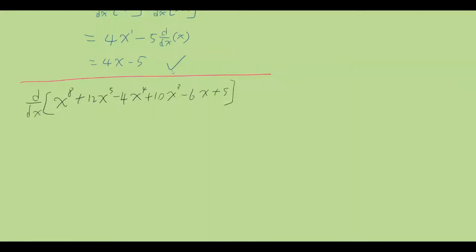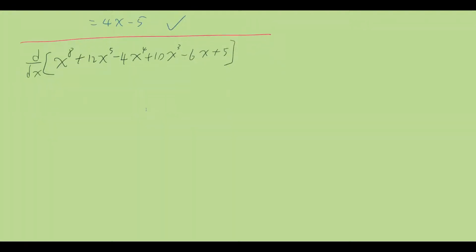All right, so here we have something that's a little longer. We got a really long polynomial, 6 terms to be exact. So let's see, what do we do when we want to take the derivative of this? We're going to apply the sum and difference rule and also the constant multiplier rule to everything. So let me write it down.